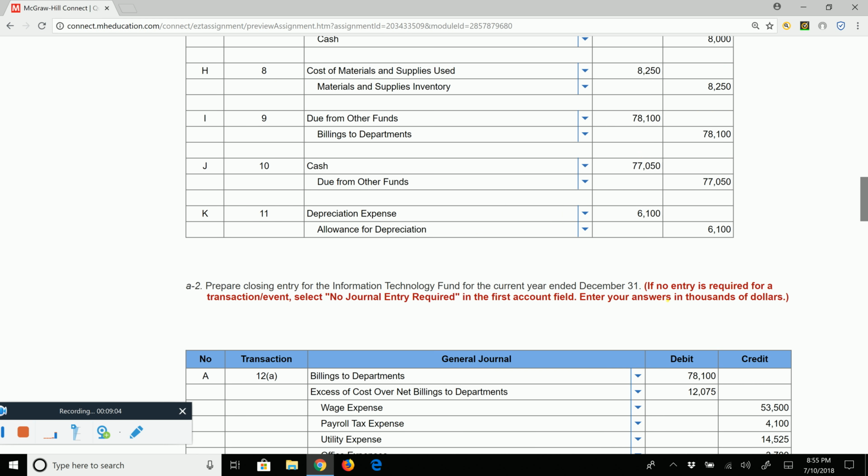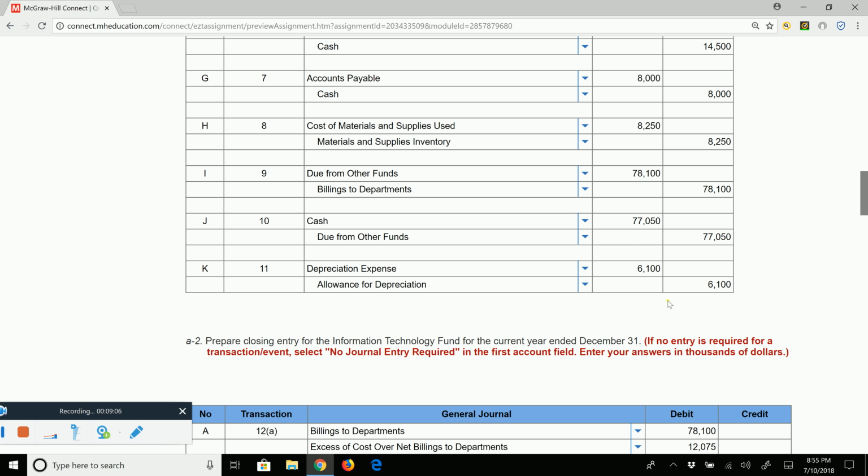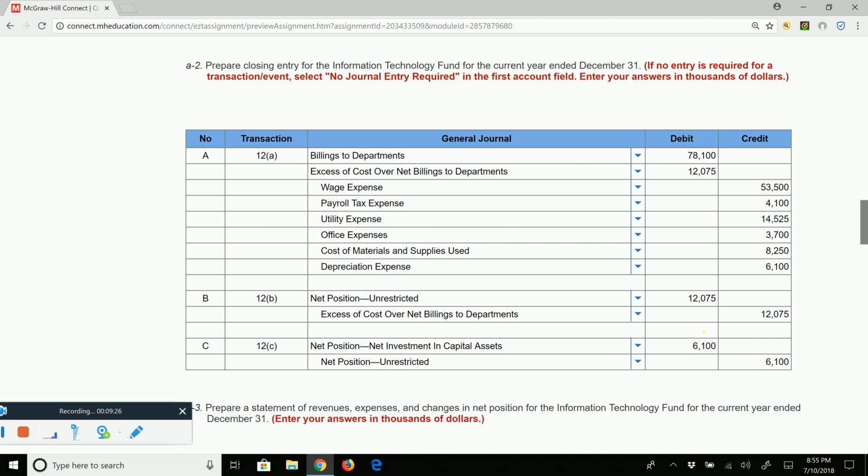Well, looking at these journal entries, the only transaction that affected net investment in capital assets was this last one. By depreciating the asset, what are we doing? We're actually decreasing our net book value of the fixed assets, right? Because we're increasing the allowance for depreciation. And so the net investment in capital assets has to decrease with a debit, and we will credit the unrestricted. The unrestricted net position is always the opposite side.